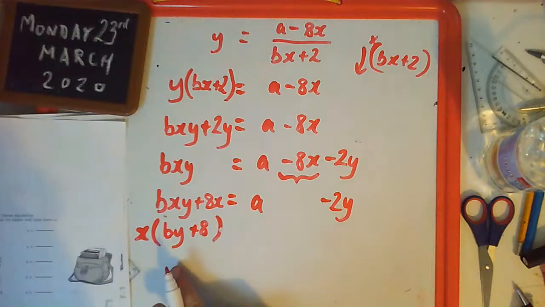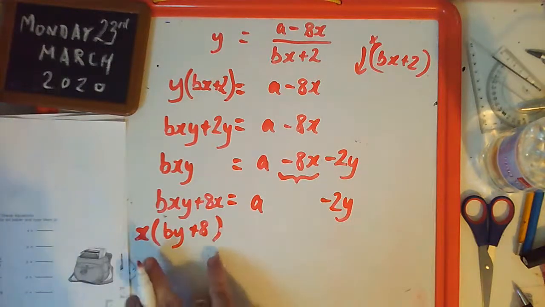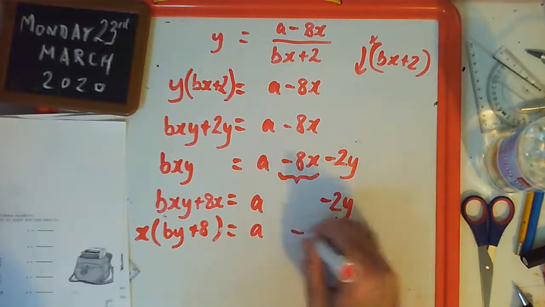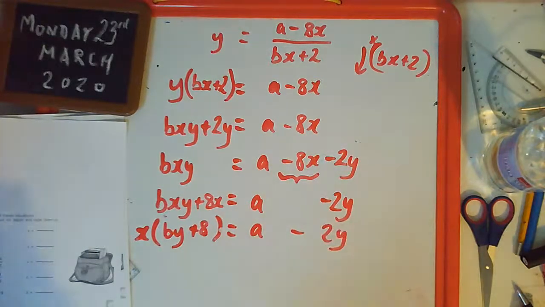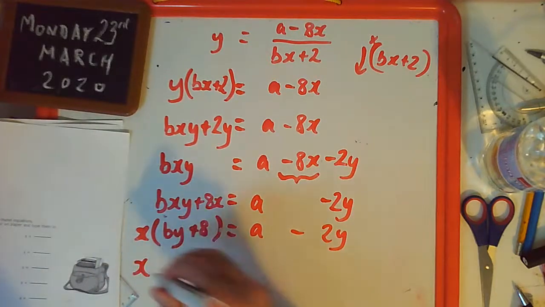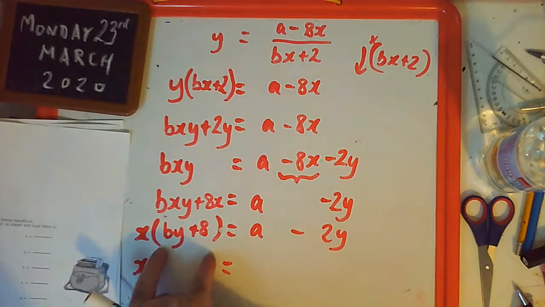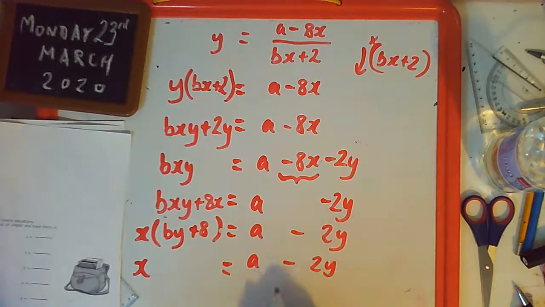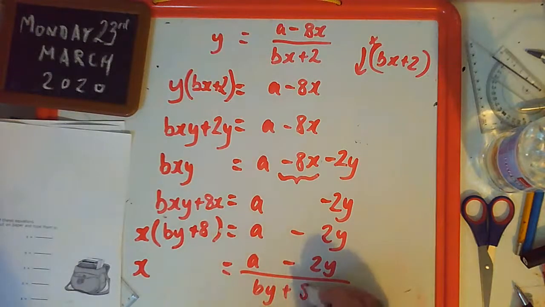So x times brackets by plus 8 is equal to a minus 2y. And then to get the x on its own, I just need to divide by all of the stuff in that bracket and say x equals a minus 2y that was there before, divided by all the stuff in the brackets, by plus 8.